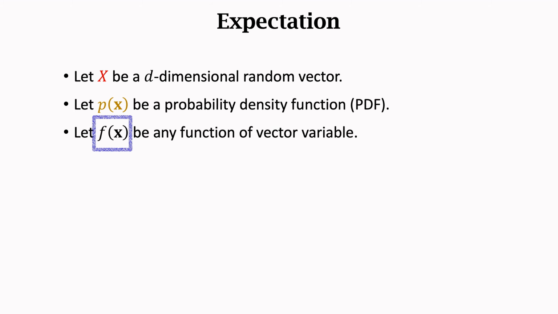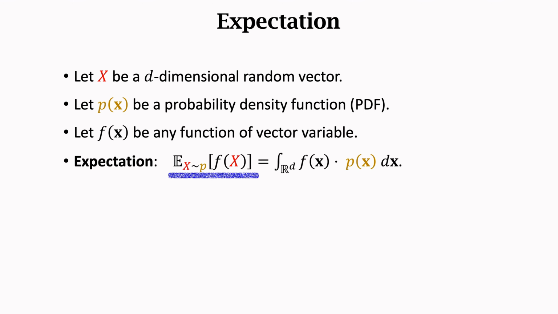Let fx be any function of a vector variable. The expectation of fx is defined in this way. X is treated as a random variable. Its PDF is function p.